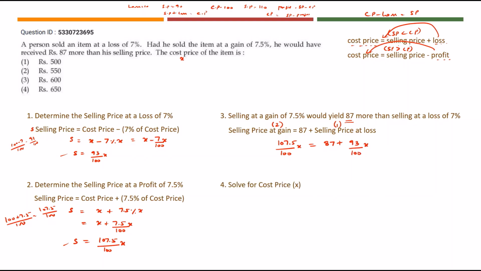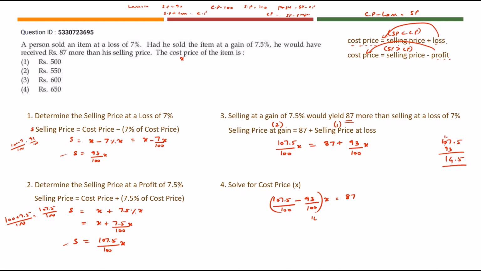Now we have to solve for the cost price X. We will keep the X terms together and 87 separately. So 107.5 divided by 100 minus 93 by 100, into X, will be equal to 87. What is 107.5 minus 93? It is 14.5.